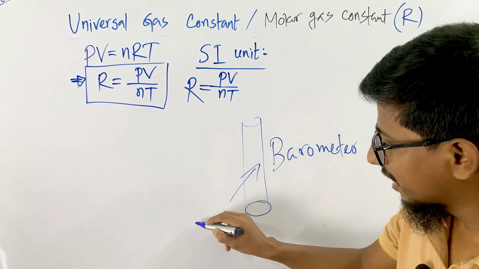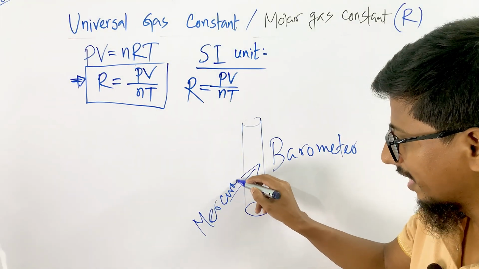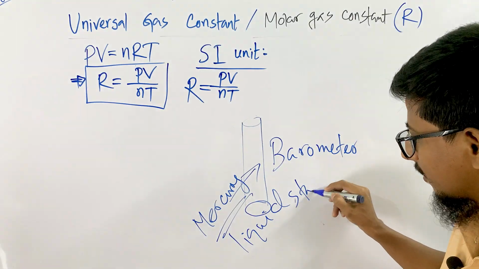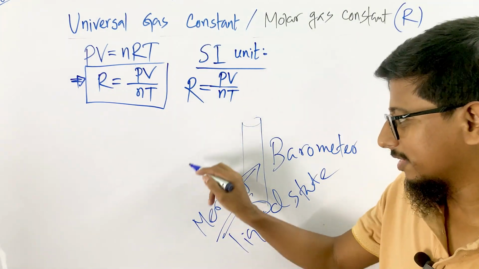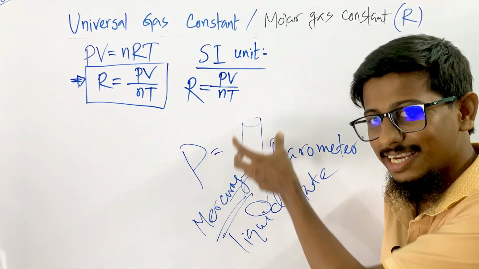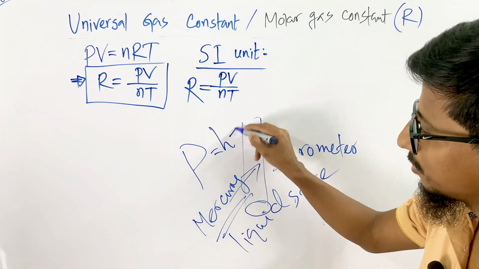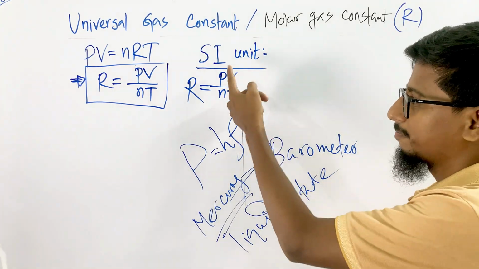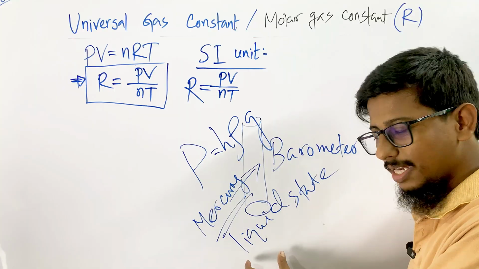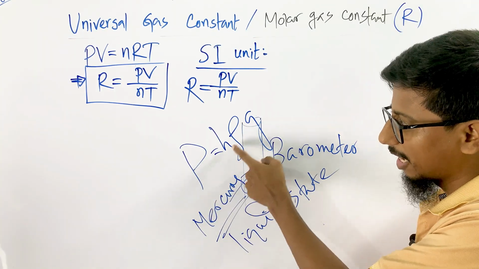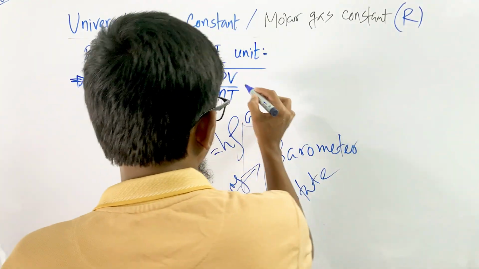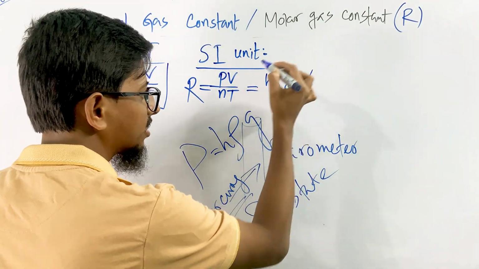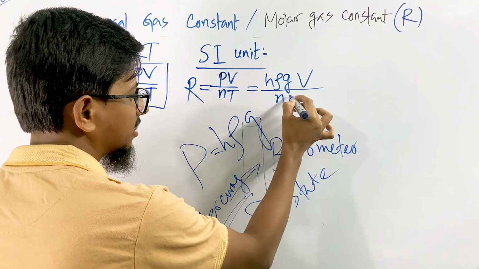And inside the barometer, there is mercury, which is in liquid state. If you want to calculate the pressure inside a liquid, you have to use P equal to h rho g. So pressure is calculated using h rho g, and there is this V, which is the volume of the gas, divided by nT.